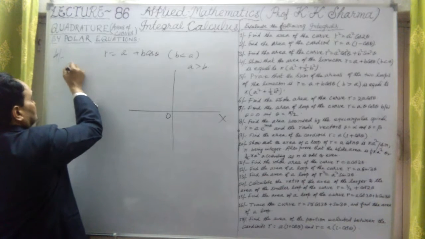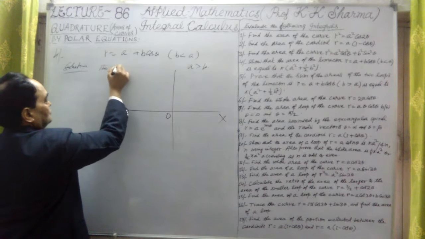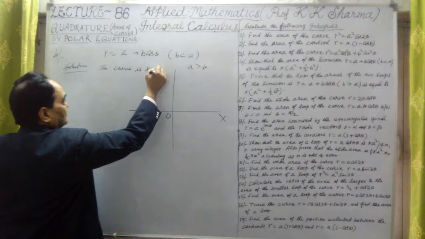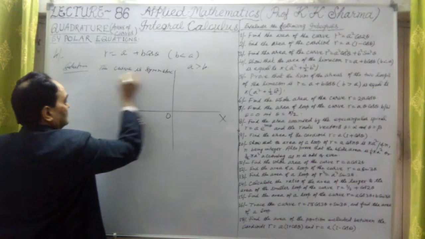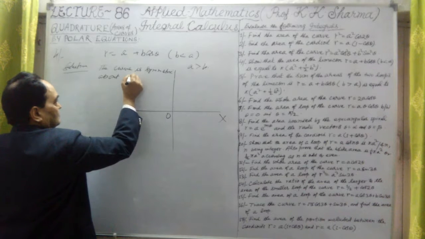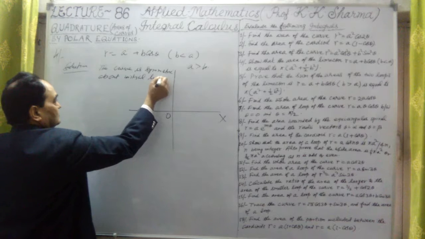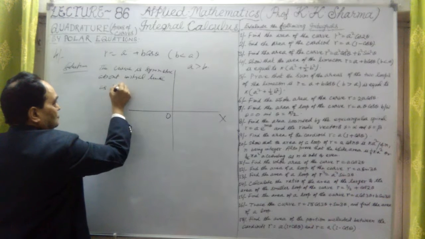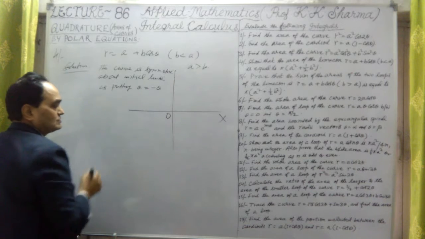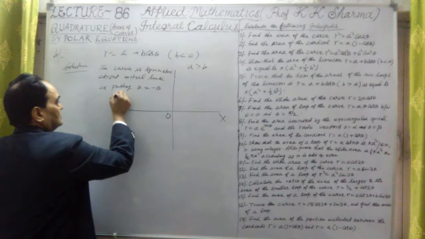Solution: the curve is symmetric about the initial line, as putting theta equal to minus theta, the curve does not change.